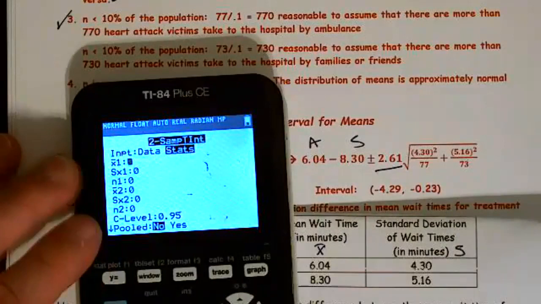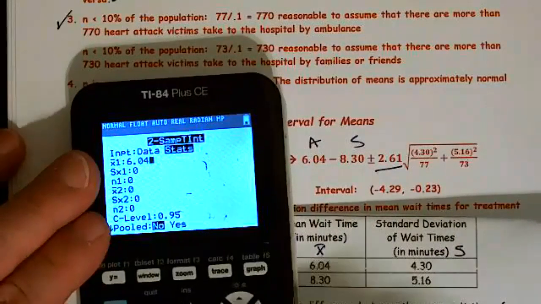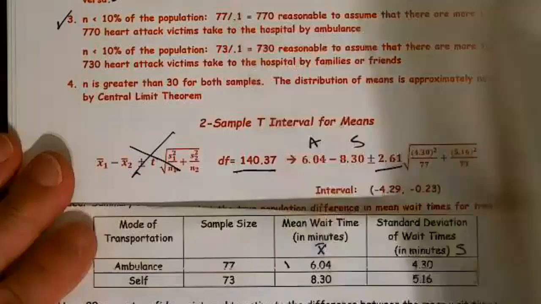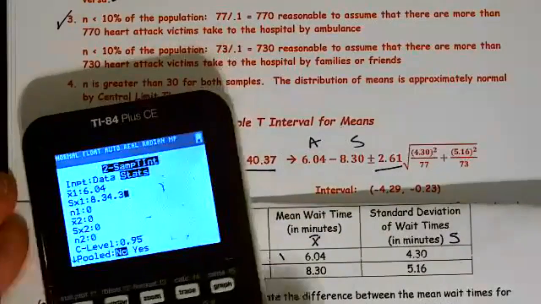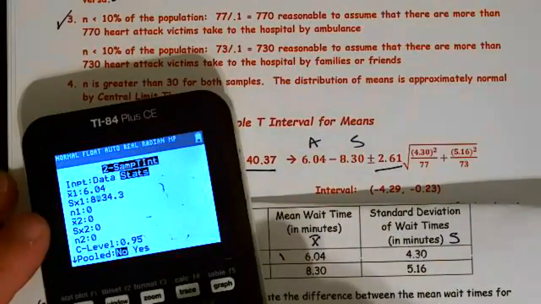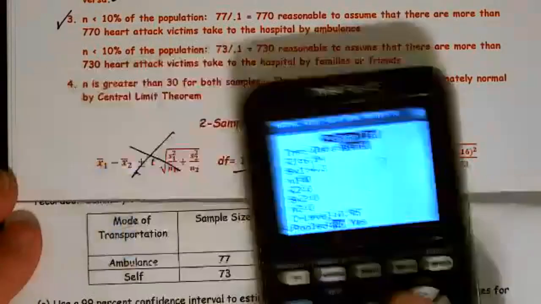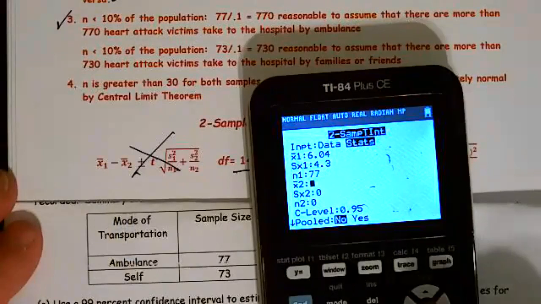try that again. 6.04, 8.3, 4.3. I'm plugging that in wrong. 4.3. Then the mean for that has a sample size of 77.